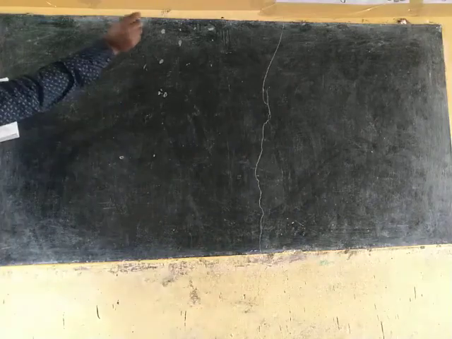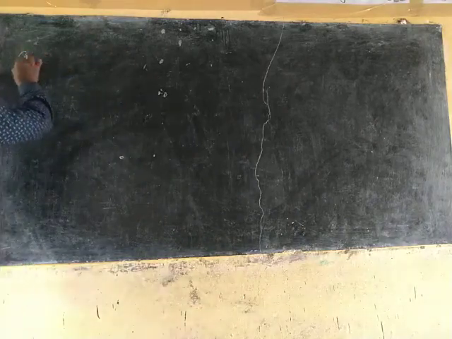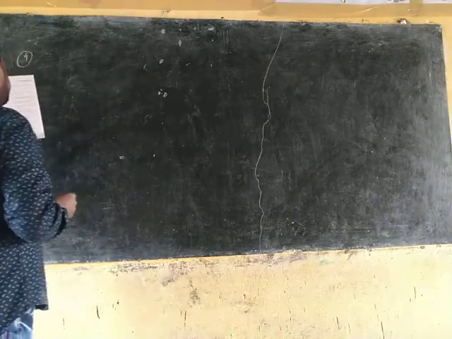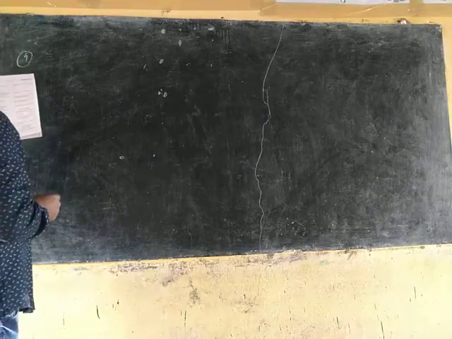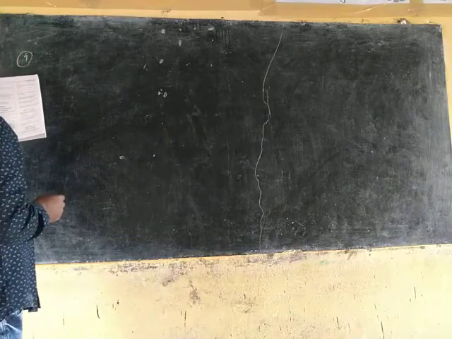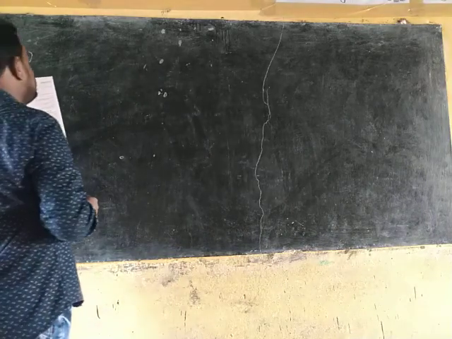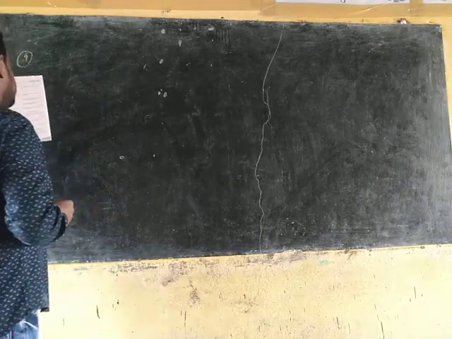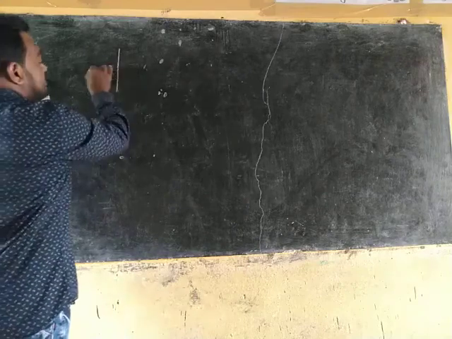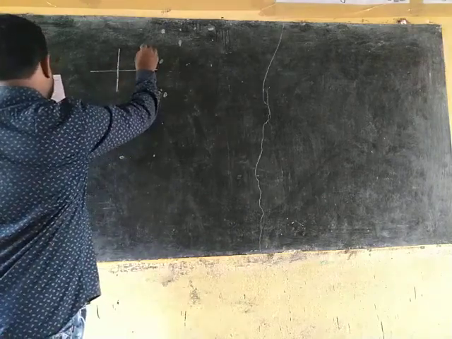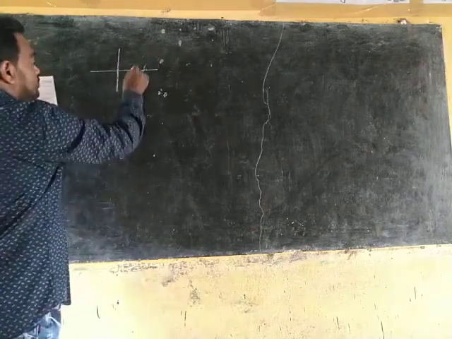Next, 9th question. The number of points on the x-axis which are at a distance c units from (2, 3). Here c is less than 3, they have given. So this is the x-axis, and (2, 3) is one of the points.